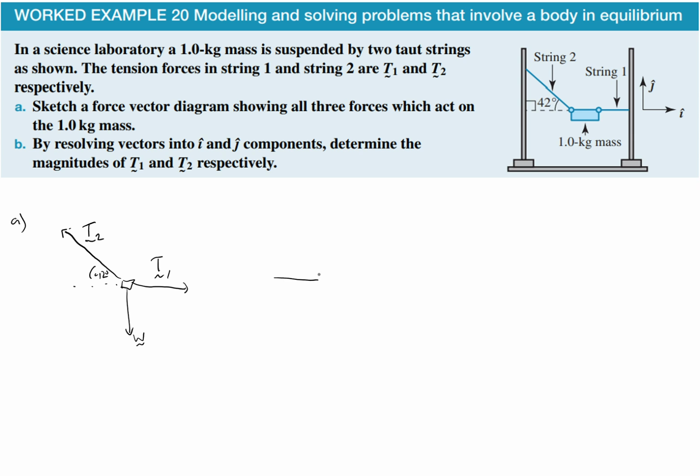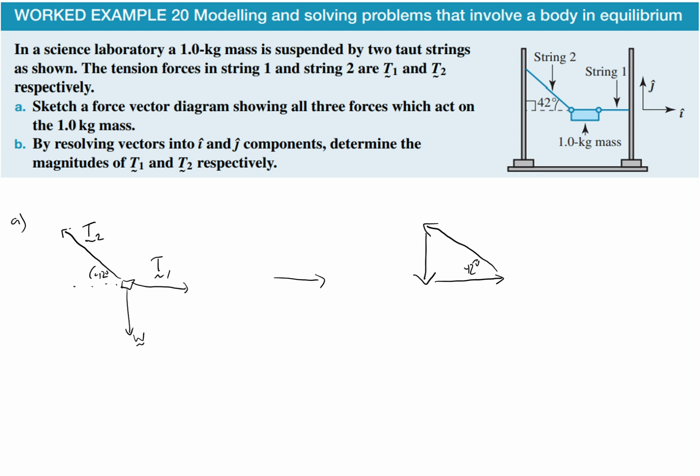So we transform that into a triangle of forces when we put T1, T2, and the weight together. We do create a triangle because it is in equilibrium, and that is 42 degrees.